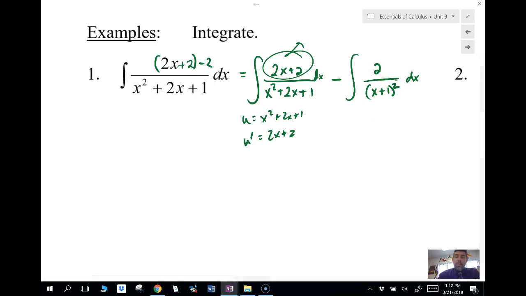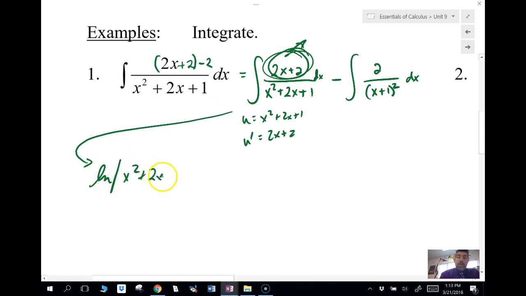Okay, so now that I've got that, I can do the integration. I can do the integral for this one because I've got a hook here. And I'm going to have ln of x squared plus 2x plus 1 plus, all right, this right here is just 2 times x plus 1 to the negative 2.